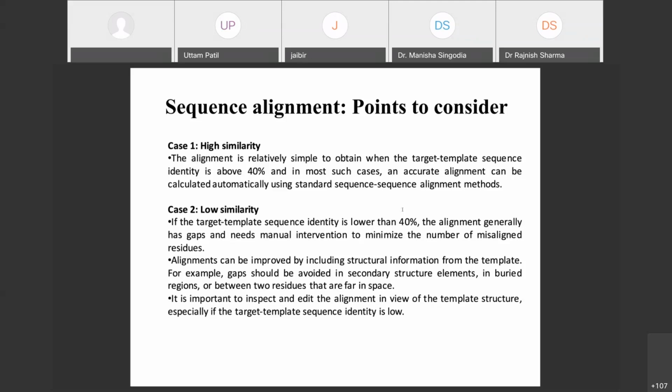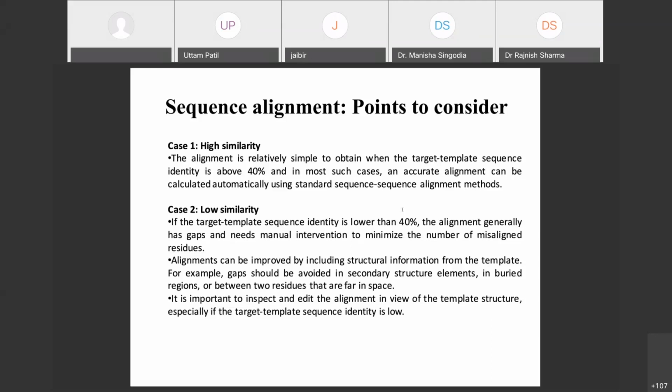This alignment will have a lot of gaps, and an expert eye will be required to minimize the number of misaligned residues. You might also need knowledge of that particular biological system or protein to see what kind of conserved motifs are there, and properly align everything. So in the case of low similarity, you have to have some kind of manual intervention to get a proper alignment.